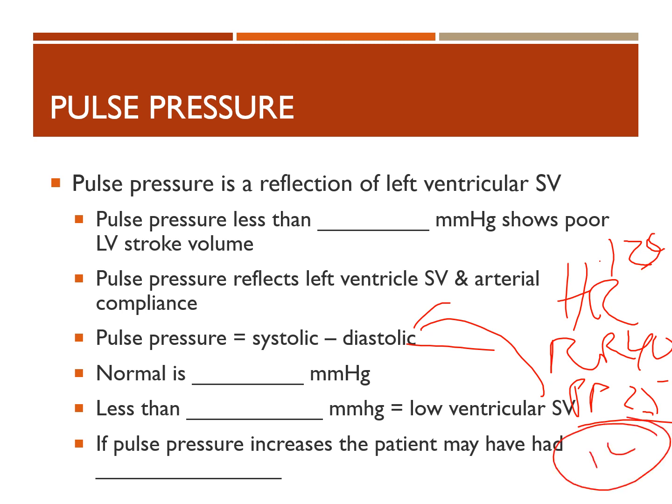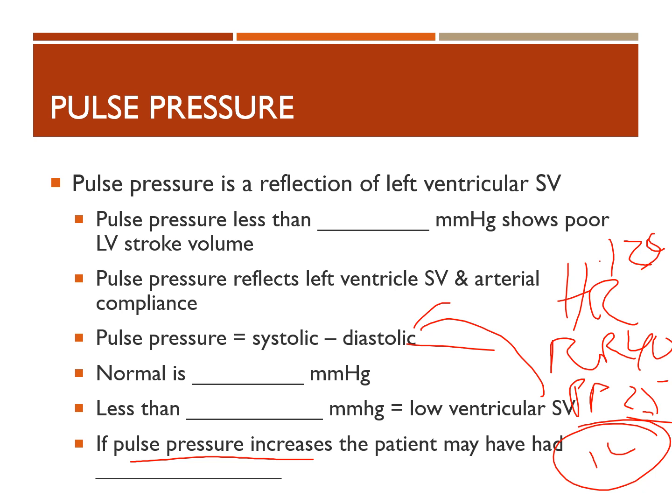We give them a liter of fluid and their pulse pressure increases, then they were probably hypovolemic, because if we give them this fluid and their pulse pressure increases, that means it was that vascular squeeze. It was nothing to do with their systemic arterial compliance. It was all to do with how much blood volume they have.